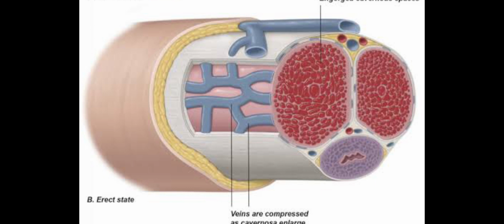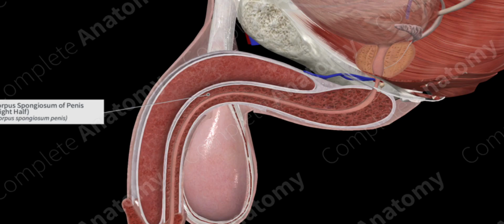Now coming to the urethra, it is surrounded by the corpus spongiosum, but this corpus spongiosum is only limited to the anterior urethra, I mean the penile urethra and the bulbar urethra. That's why any narrowing of the anterior urethra we call a stricture, but when we call it stenosis, that is the posterior urethra.